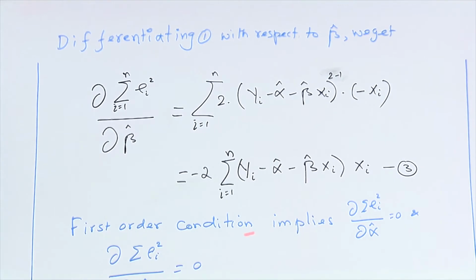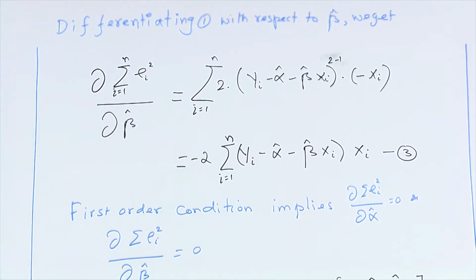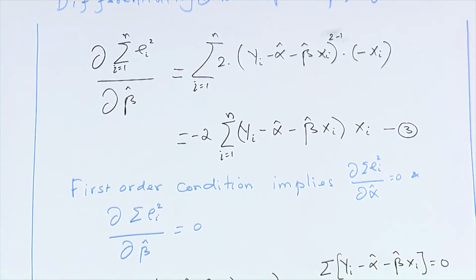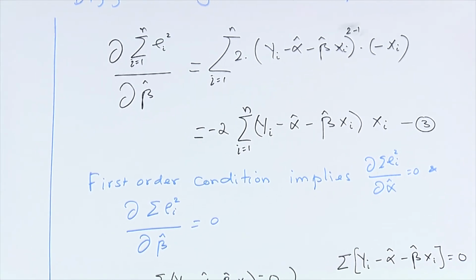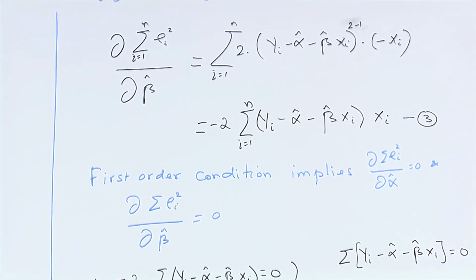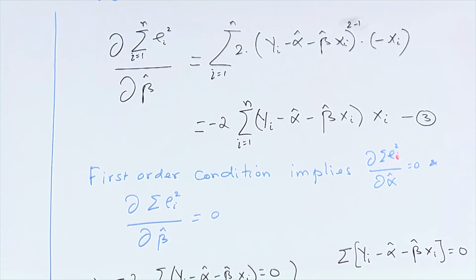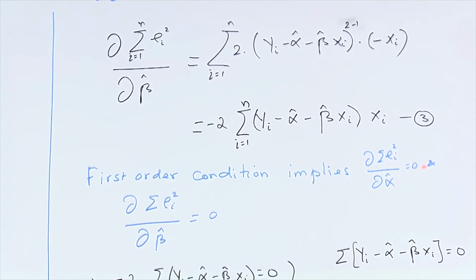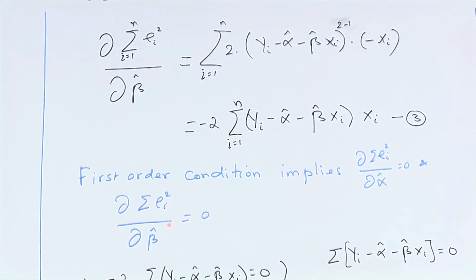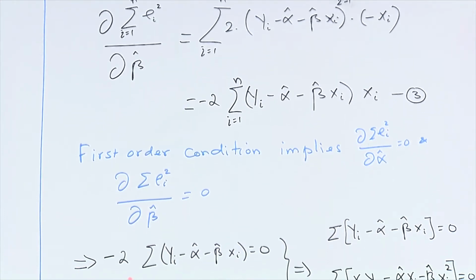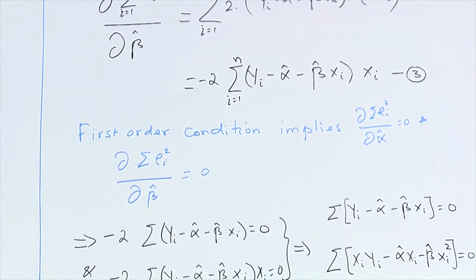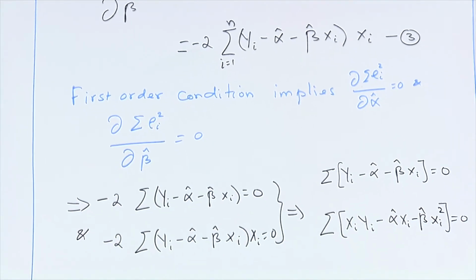Now we are going to apply the first order conditions, namely that the first two marginal values are 0. So dou ei square by dou alpha hat is equal to 0 and dou ei square by dou beta hat is equal to 0. Then you get these two equations.